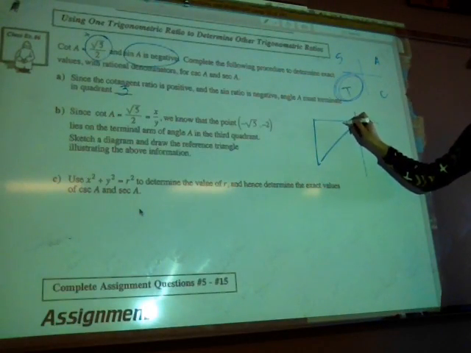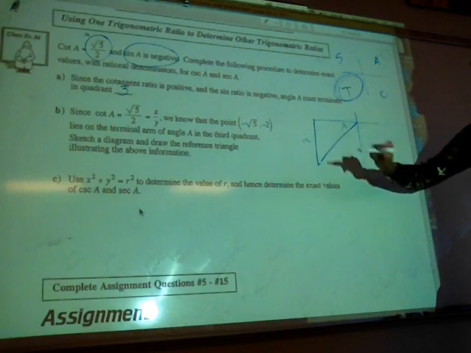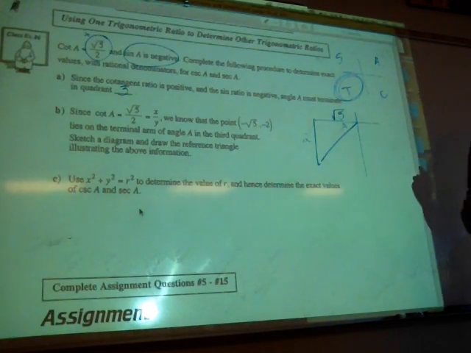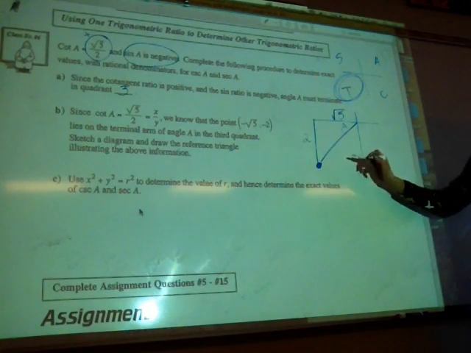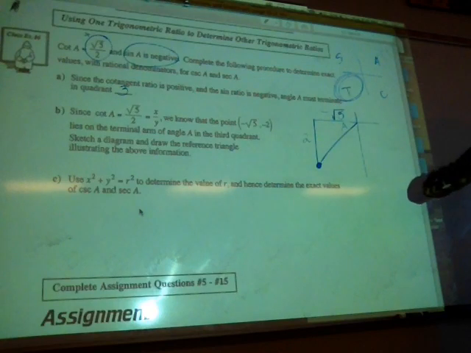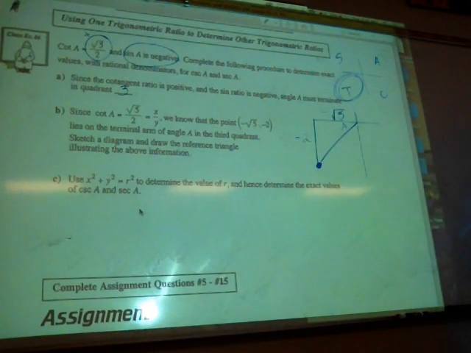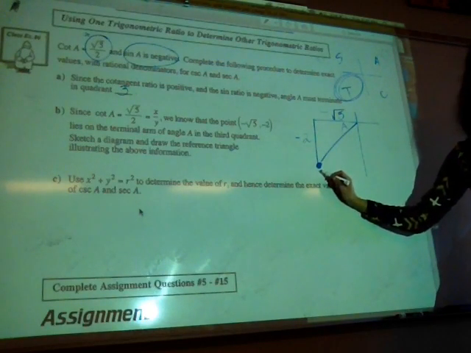So in reference to angle A, our opposite was 2 on the y-axis, and we have square root 5 on the x-axis. But because we are in quadrant 3, the value of x will be negative. Okay, and the value of y is going down, so it's negative. Therefore, we have the point negative root 5, negative 2.